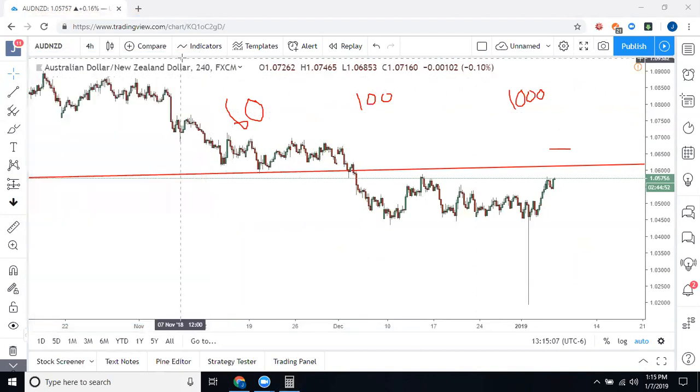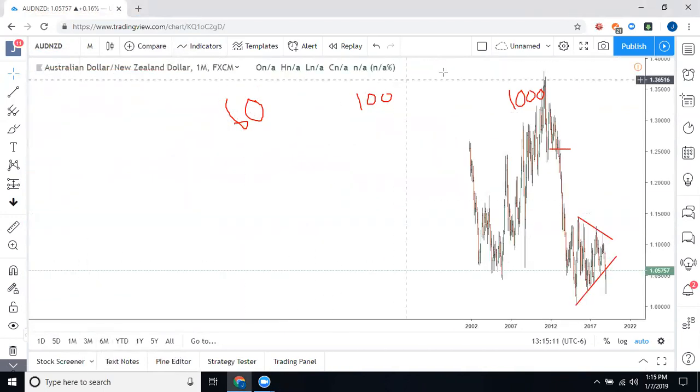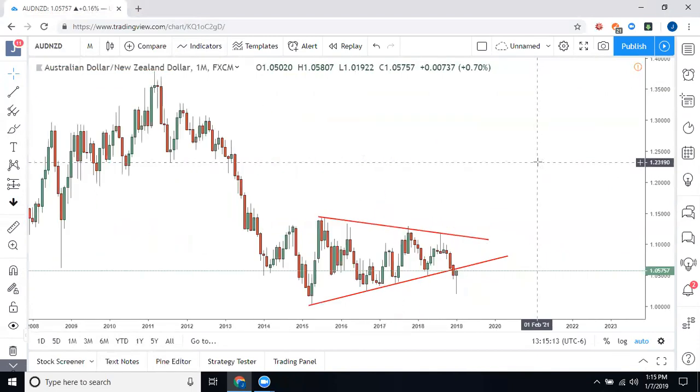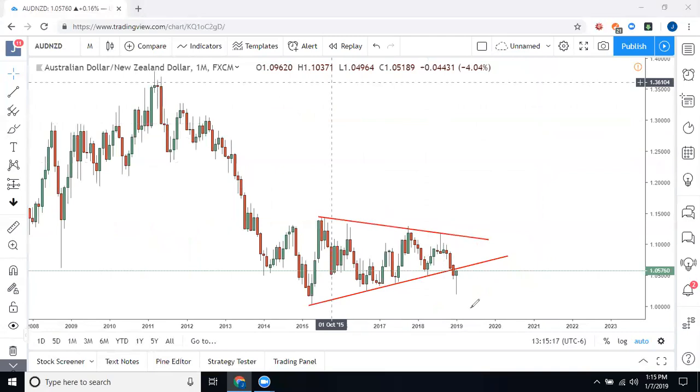But then again, the reward would be, let's see, we're up here on monthly. So this is a good 500 pips. So that's a $6 risk for 500 pips. What is that? $50.